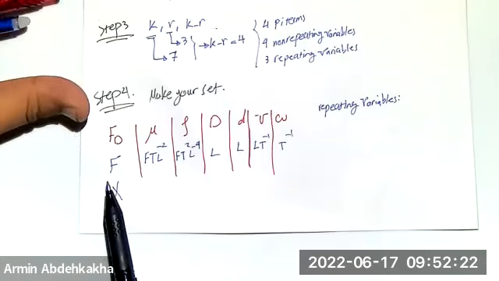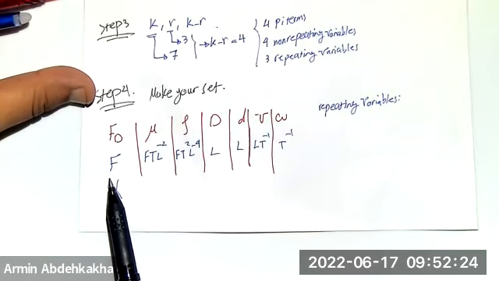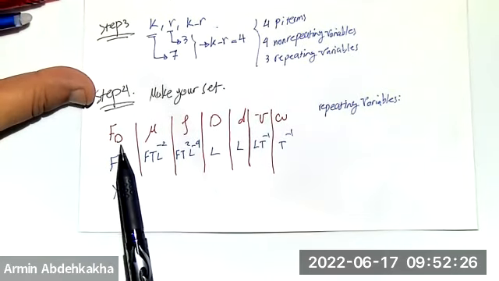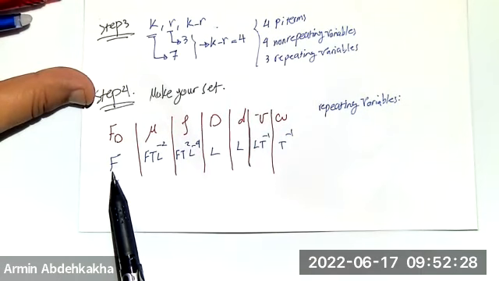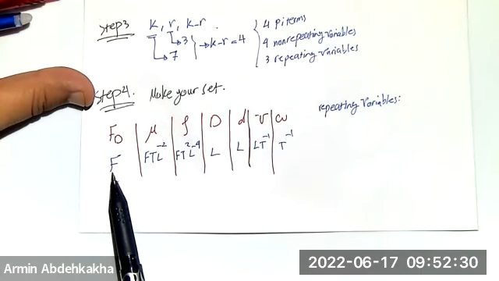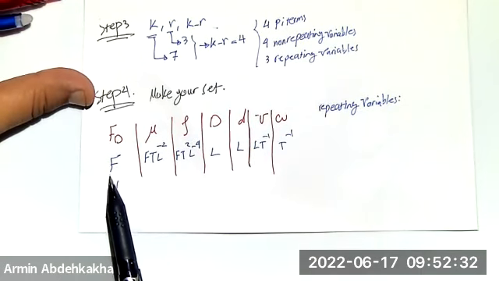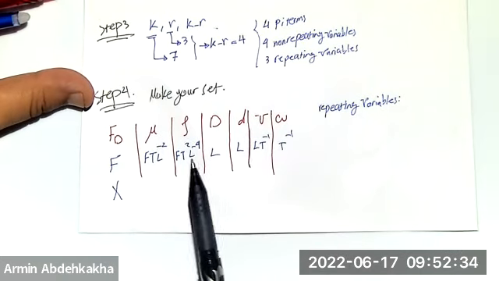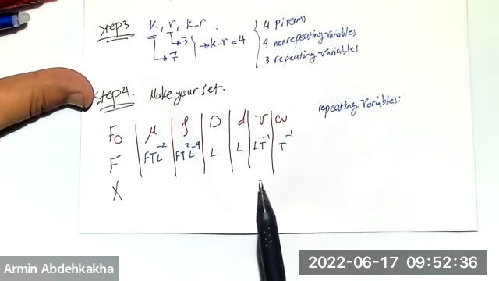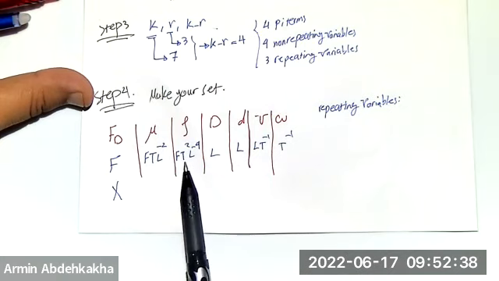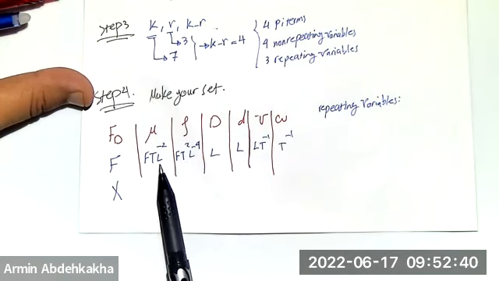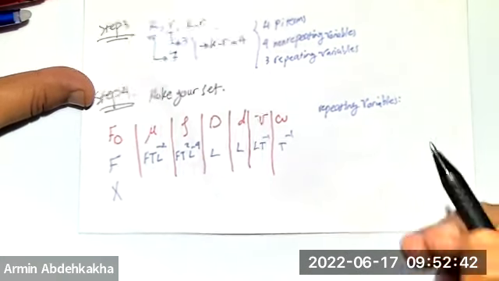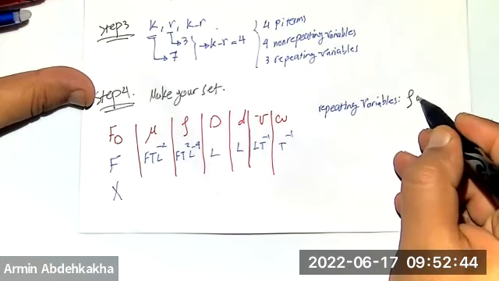Since you have F, the drag force, its unit should be canceled out with one of these units that you select as a repeating variable. So absolutely one of these two should be selected, rho or mu.